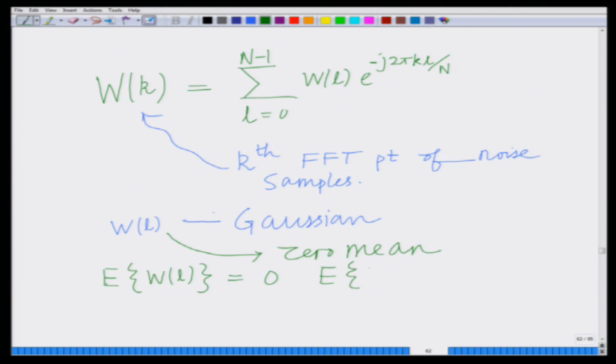The noise power is sigma squared, which means the expected value of magnitude wl squared is equal to sigma squared.